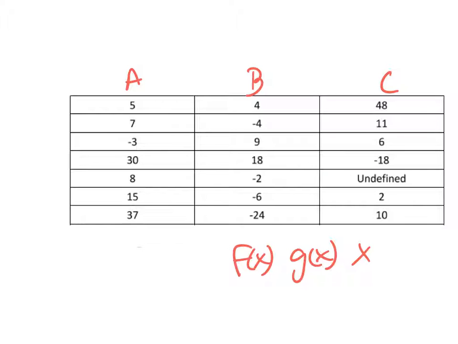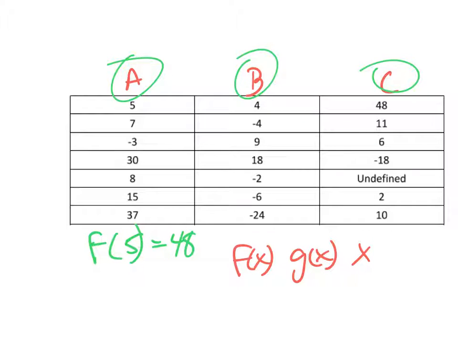But after I say this next thing, you'll be able to tell which one's A, which one's B, and which one is C. If I told you that f of 5 was 48, you should be able to tell me which label goes where. The A, the B, and the C spot are where these 3 things go. Got to figure out what goes where.